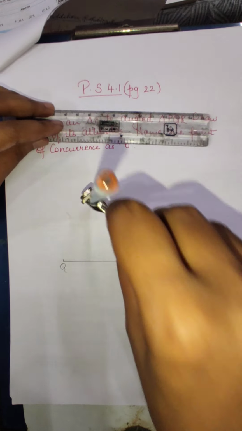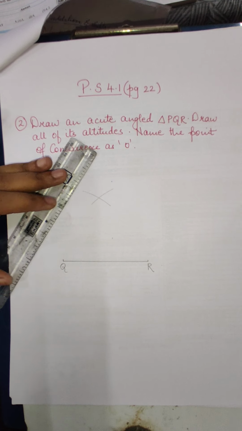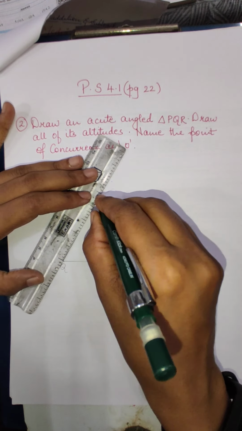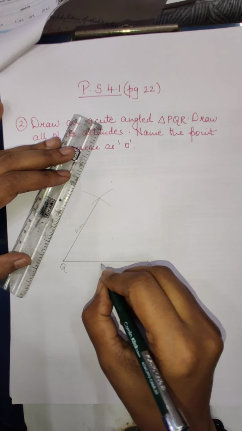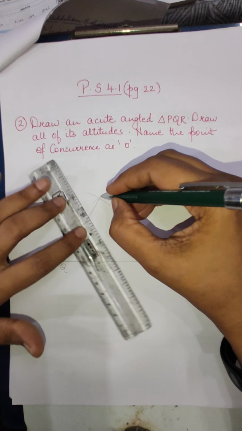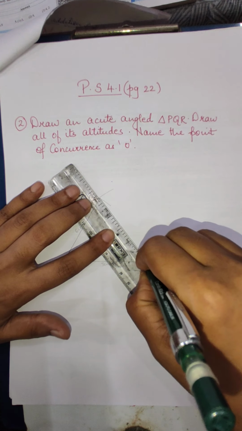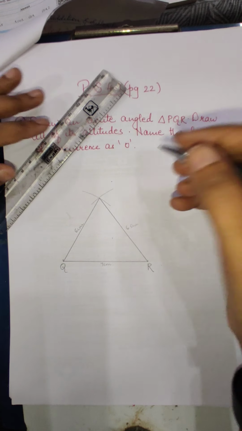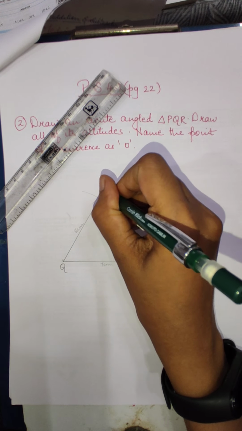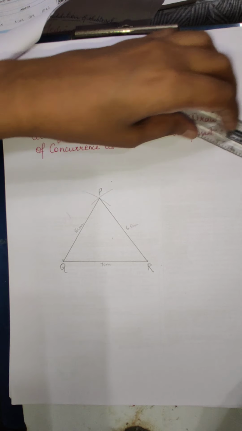Keep it on R. Make an arc. So this is 6 centimeter. This is 7 centimeter. This is 6.5 centimeter. And this is P.